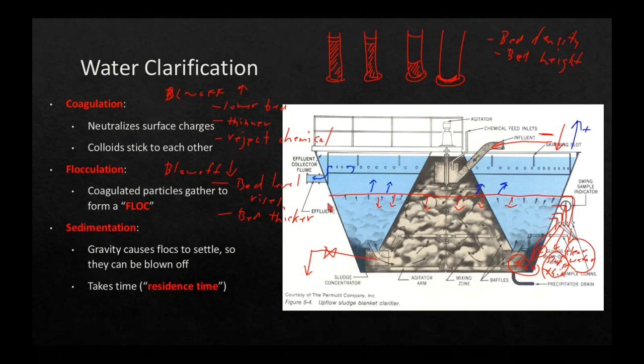We don't want carryover. So the control room operator is going to know that there's going to be an increase in load, and if there's an increase in load, then they may require an increase in influent flow. And so the control room operator might say, hey, we're going to increase the blowdown a little bit and drop the bed a little bit, because our flow is going to be going up by 20%, something like that.